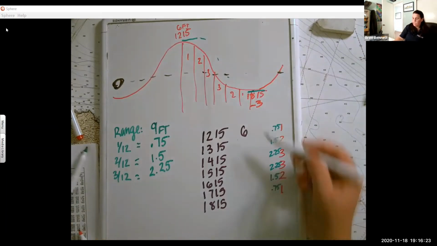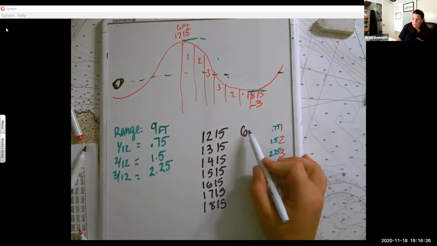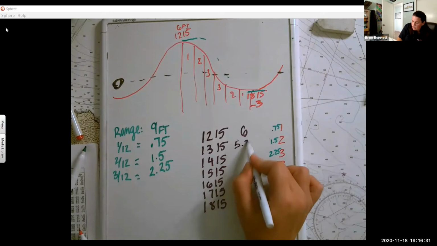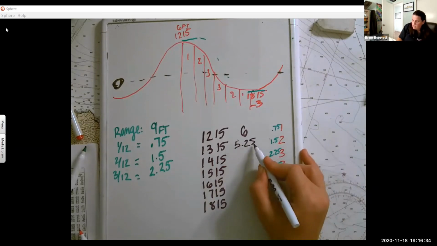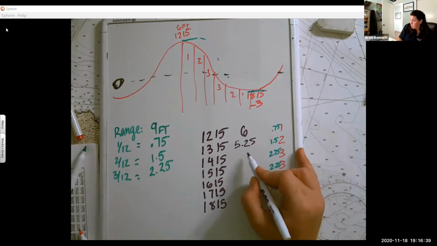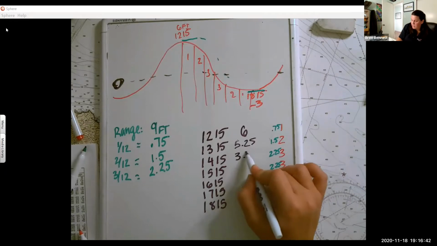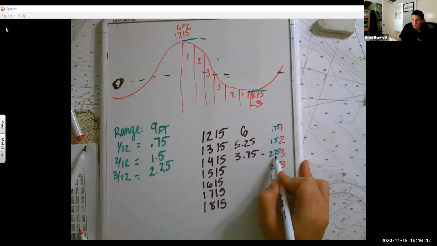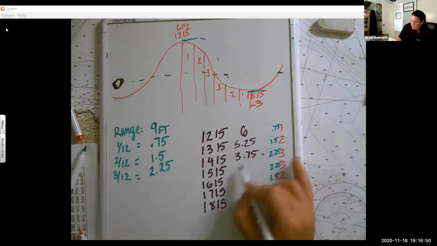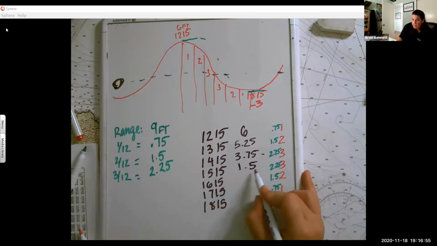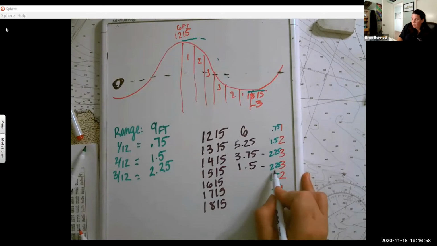So when I start subtracting these, 6 minus 0.75 gives me 5.25. 5.25 minus 1.5 gives me 3.75. 3.75 minus my 2.25 gives me 1.5. 1.5 minus 2.25 is going to give me into the negatives. Now I'm going negatives.